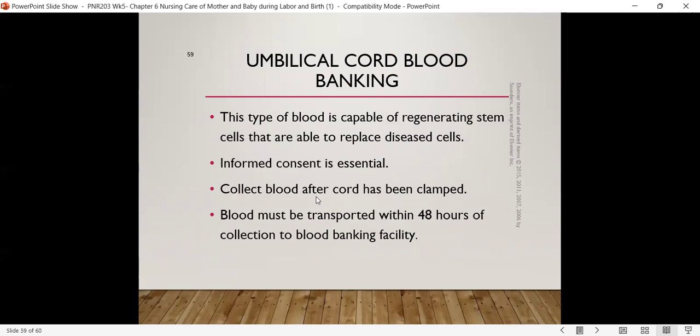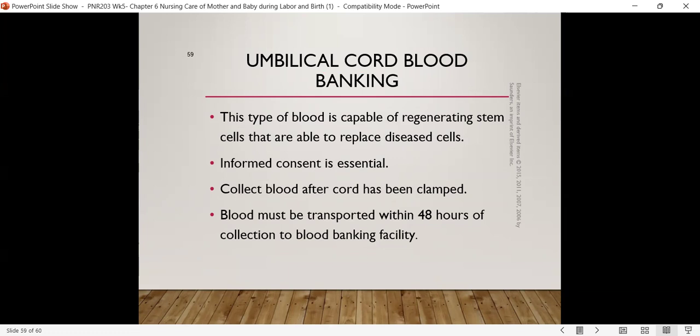Another good thing to consider when you're pregnant is to think about whether you are going to bank the cord blood, because you've got to get with the service that offers that. It's called cord blood banking. And what we do is we collect the stem cells right from the umbilical cord.